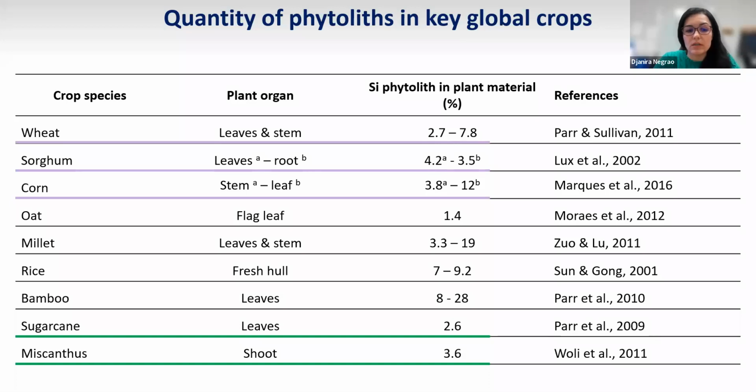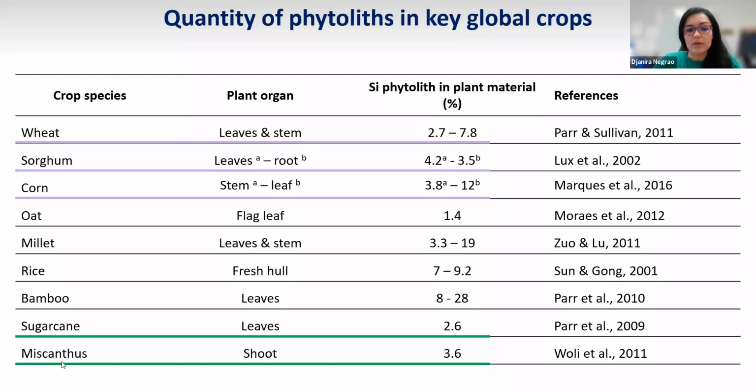So in São Paulo state, we use sugarcane to produce sugar and ethanol, and we have plenty of sugarcane biomass to burn and produce energy. So leaves and stems are rich in silica, and that's why I'm going to talk a little bit more about sugarcane.